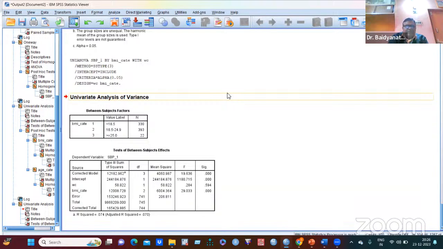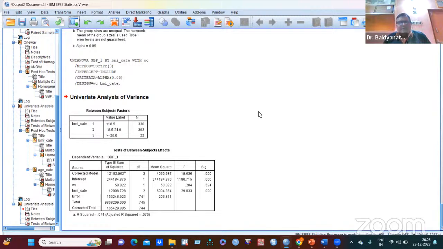That is no problem. So this is the ANCOVA. We already discussed one sample t-test, independent t-test, paired t-test, one-way ANOVA, two-way ANOVA, and one-way ANCOVA also. Is it clear?